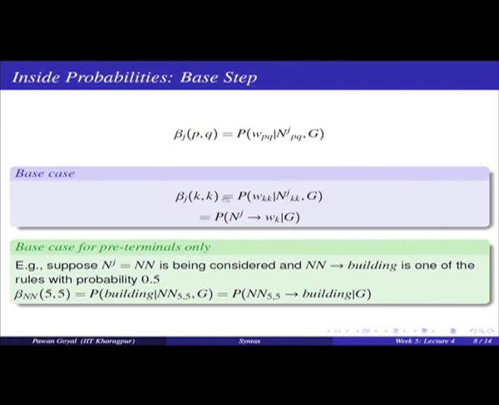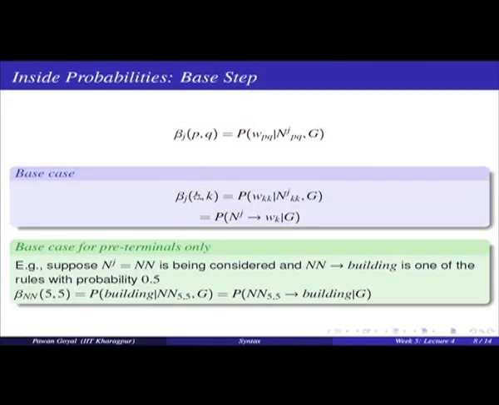So, beta j k k would be the probability of w k k given N j k k and G. Now, w k k is a single word, the sequence from k to k, and I can immediately find out what is the rule in my grammar that derives this word w k k, and I put this rule probability here, and this will give me this particular probability beta j k k. Now, as an example, suppose here my word is "building".